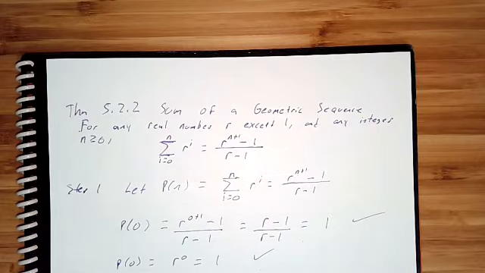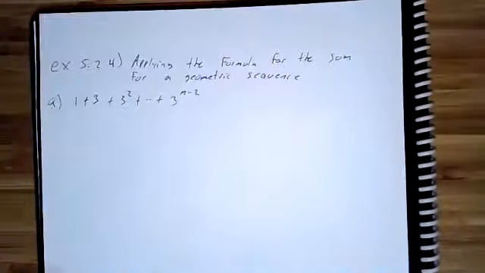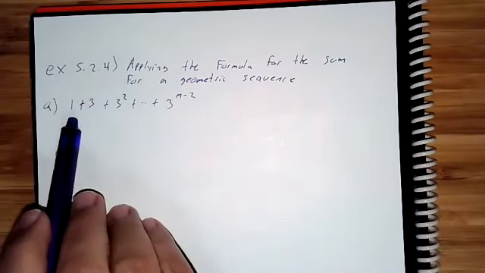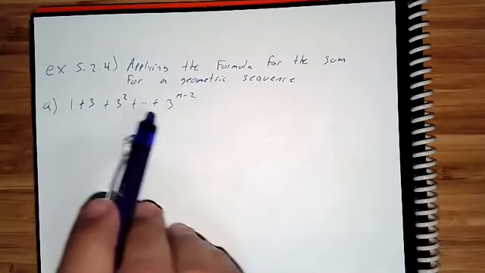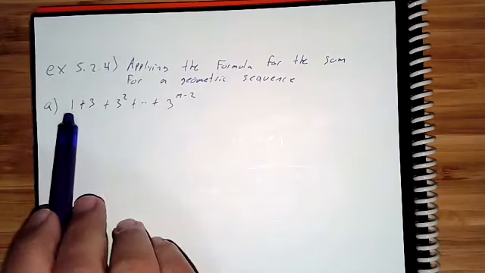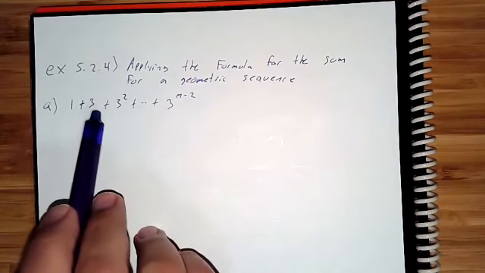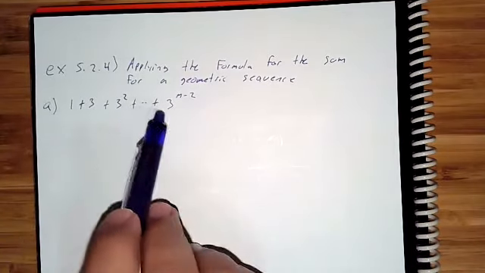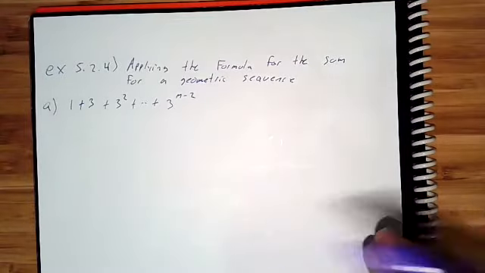All right. So that's all you have to do. Apply it in general. So what you need to recognize is that this is a geometric because it's just a bunch of powers of 3. They all have a common factor. 3 to the 0 is 1, 3 to the 1 is 3, 3 to the 2 is right there forever.